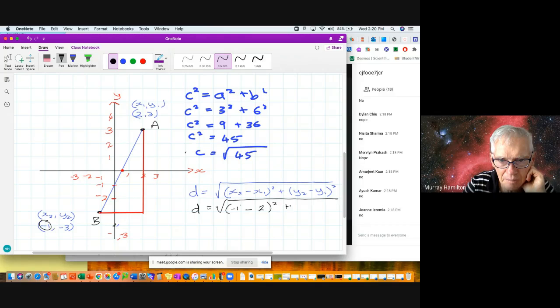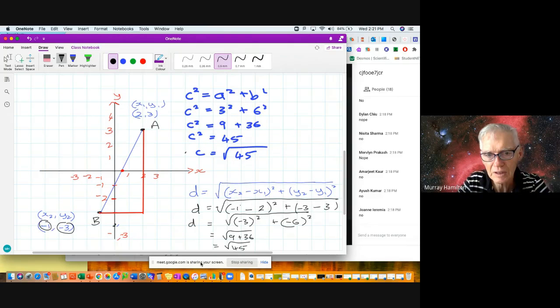I square that, and then I do the same for y2 and y1. y2 is -3, so I write -3 minus, and y1 is 3. So when I do this, -3 squared is going to be 9, and -6 squared is going to be 36. So D is the square root of 9 plus 36, which equals the square root of 45.